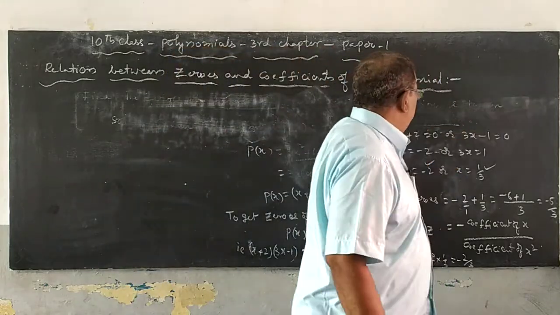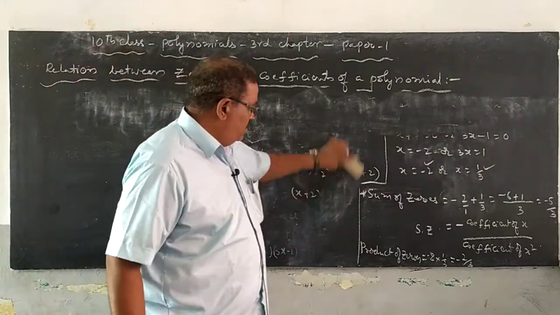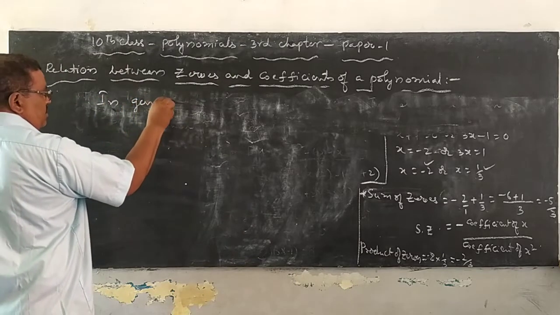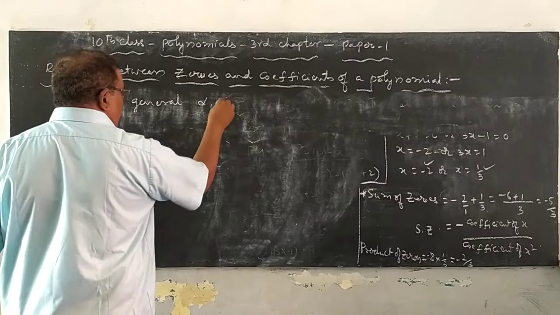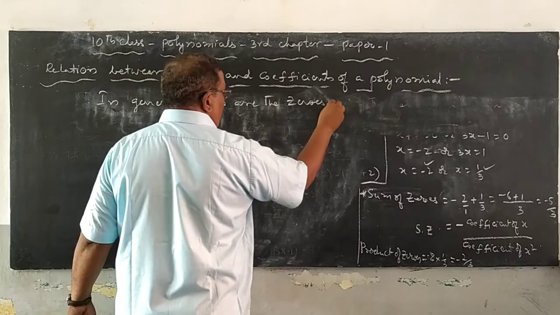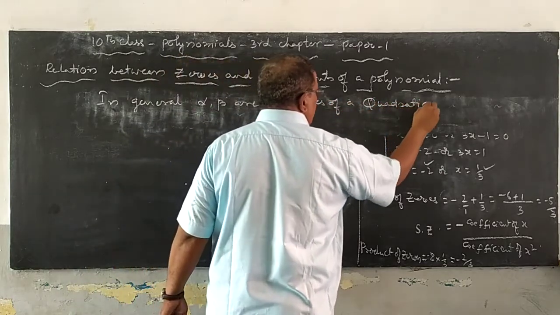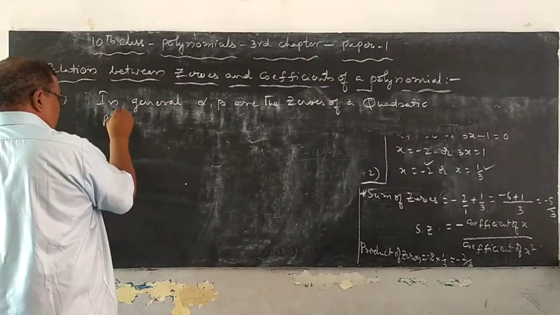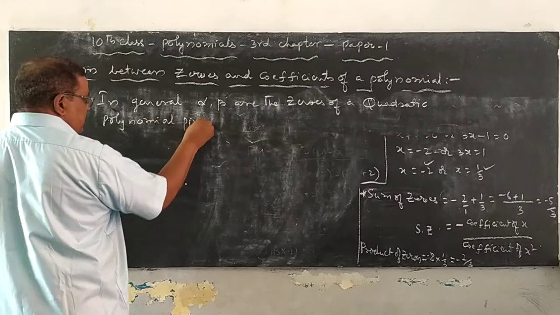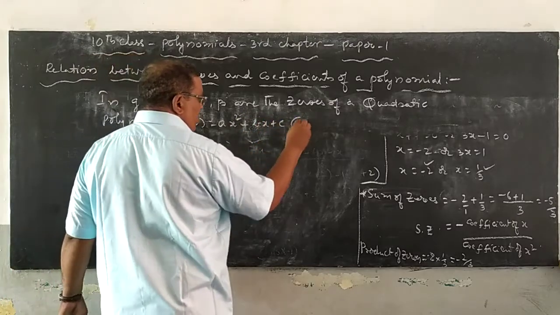Let us see this one. In general, alpha comma beta are the zeros of a quadratic polynomial p of x, that is ax square plus bx plus c, where a not equals to 0.